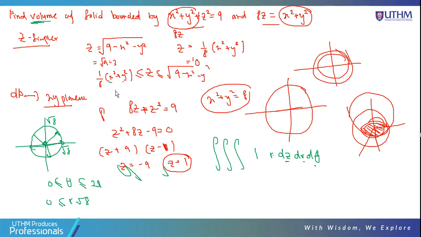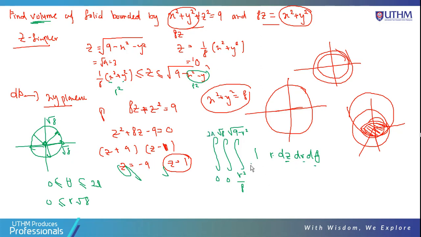So this one becomes r square, and here also becomes r square. So you get z starting from r squared over 8, and up to square root of 9 minus r square. So for z, for r from 0 to root 8, and for theta from 0 to 2 pi.